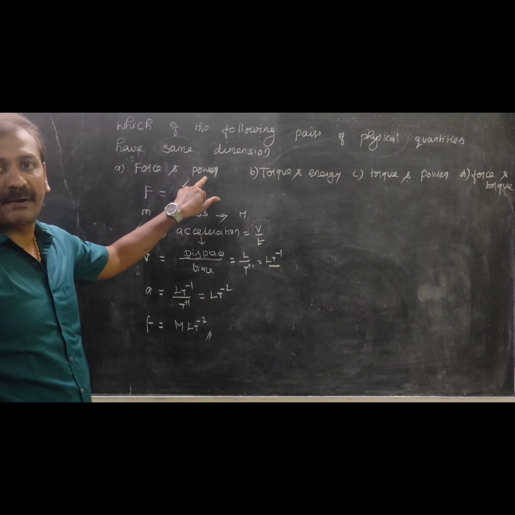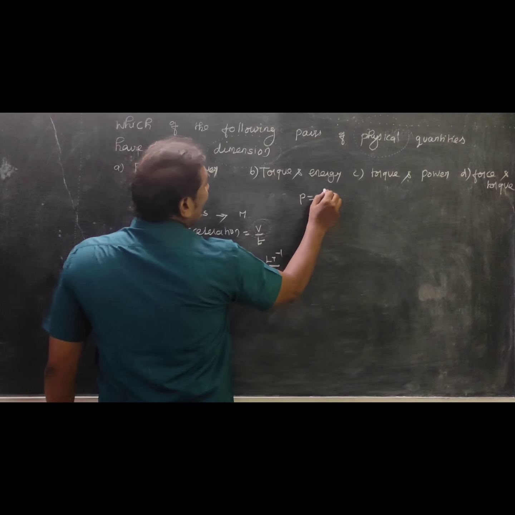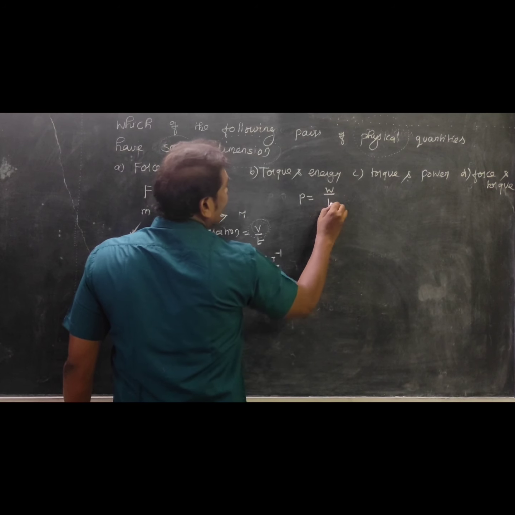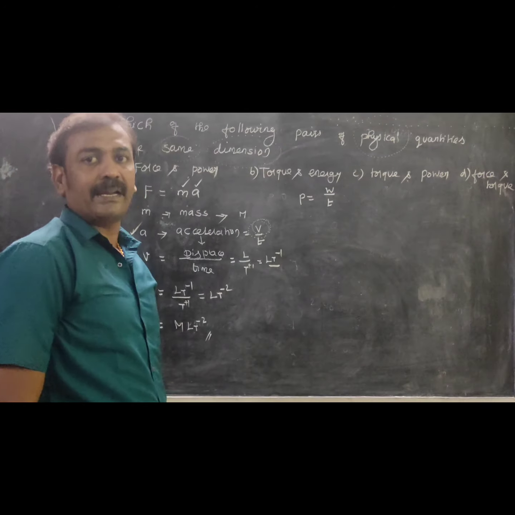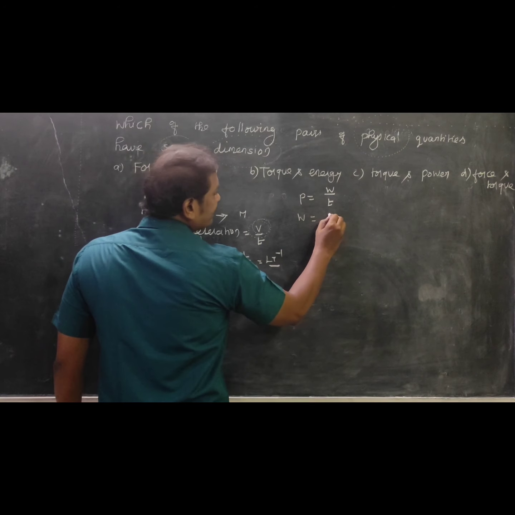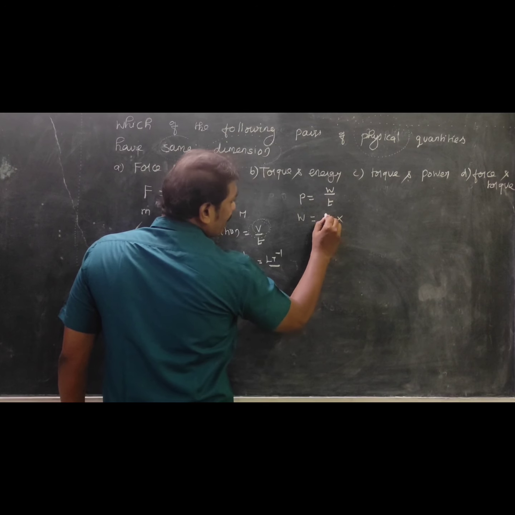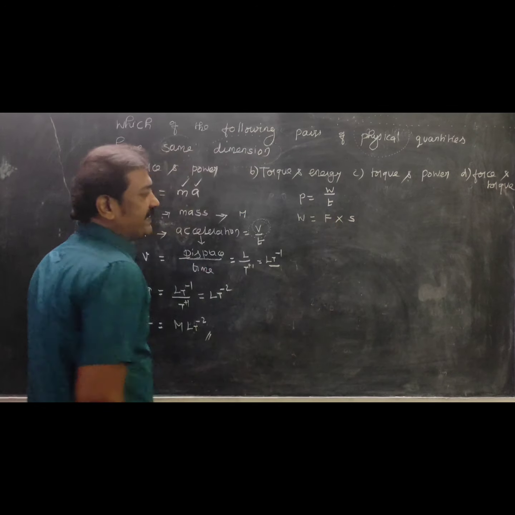Then power. What is the formula for power? Rate of doing work. How do we calculate work done? Work done is defined as the product of force and displacement.